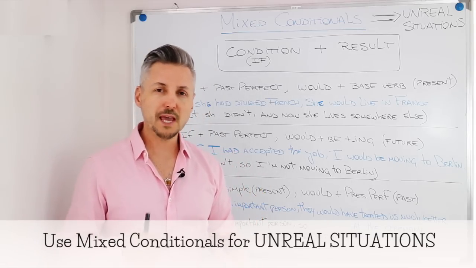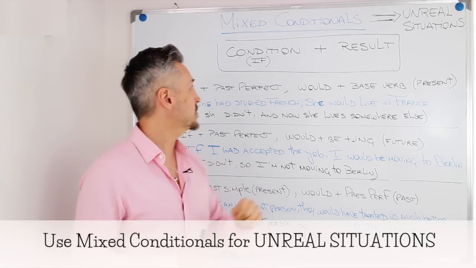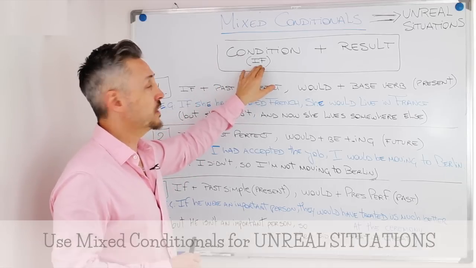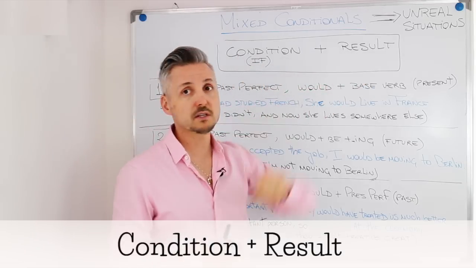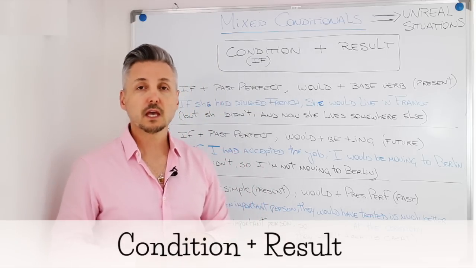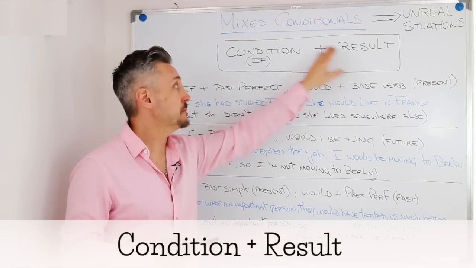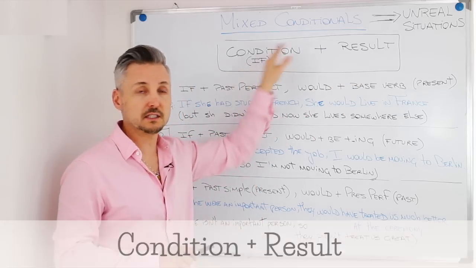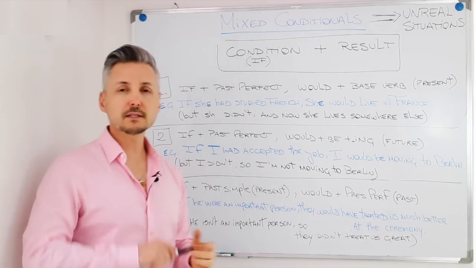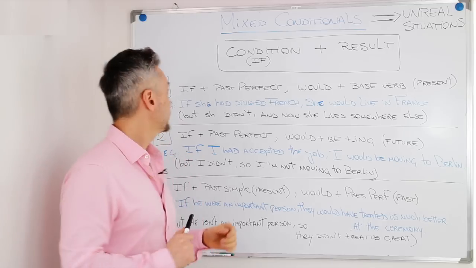Remember that to make a conditional sentence, you need the condition, so the if clause, plus the result, okay? Obviously it can be interchangeable. It can go first the result and second the condition. So let's look at the first pattern then.